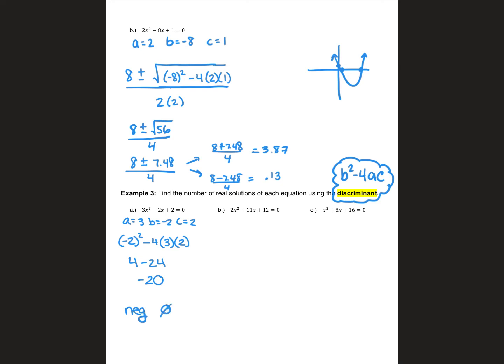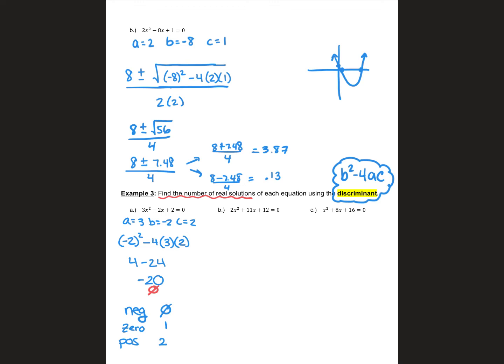It makes sense because the negative is normally underneath the square root. So that's why it's no solution. If you get a 0, then it only has one solution. And if you get a positive number, you would have two solutions. So in this case, because we got a negative number, the answer is that there are no solutions. It says find the number of real solutions. There are no real solutions for that one.